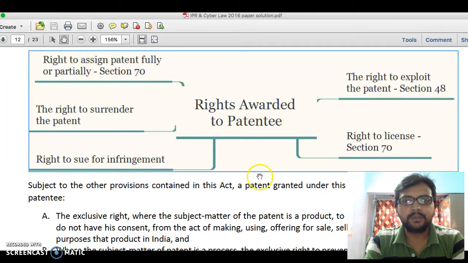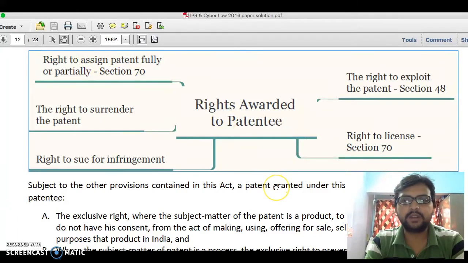There are 2 numbers which we need to remember. As we know, in India we first established the Indian Patent Act 1970. In the year 1970. In the same way you can remember this section: Patent Act 1970, section 70.